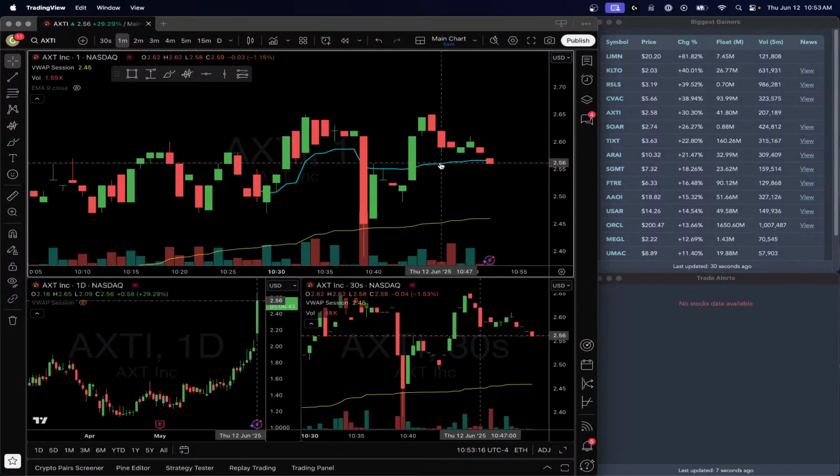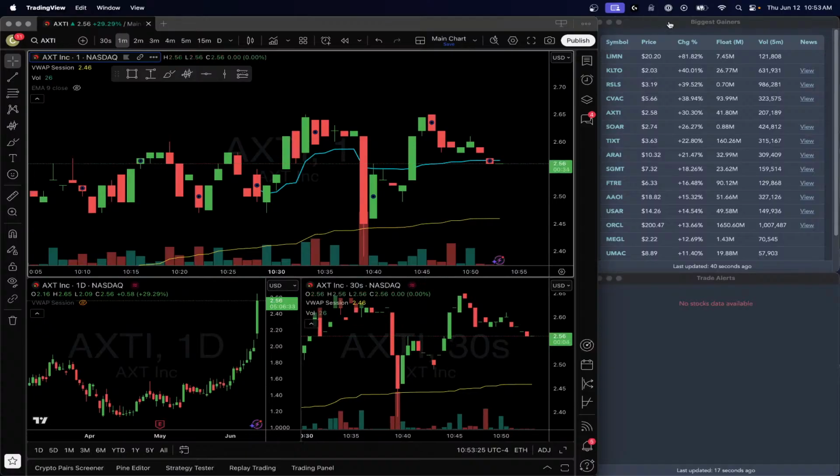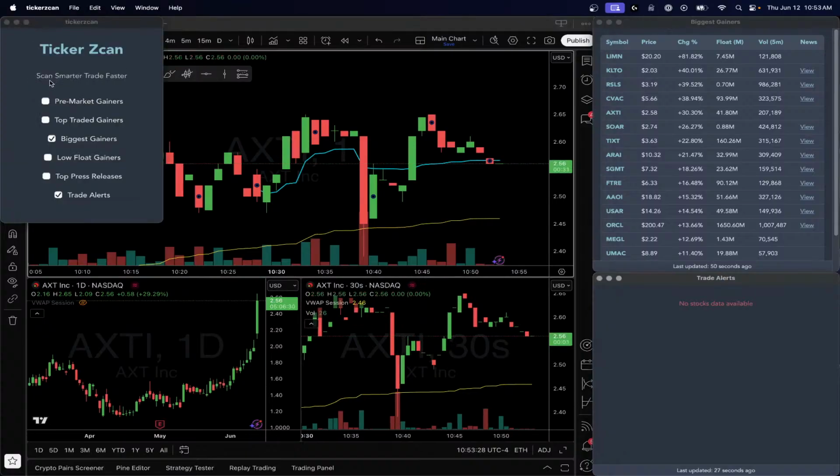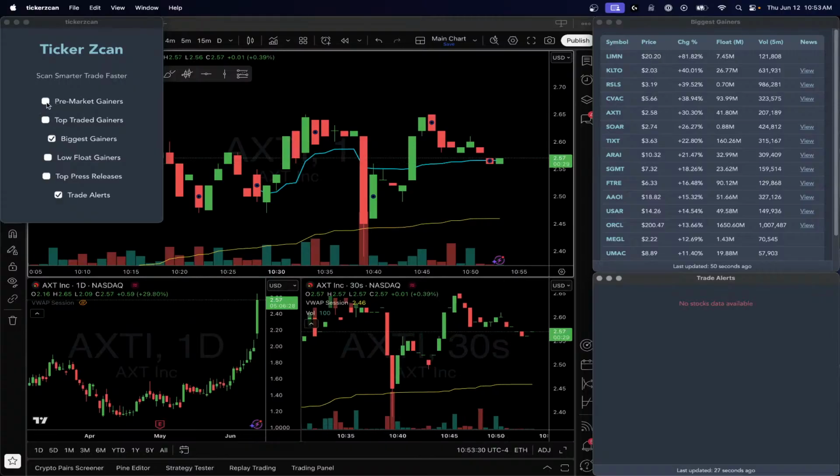It's coming back. So what you could do, I mean, this trade alert system goes off the biggest gainers. I'm going to add the other ones for this pullback. Pre-market gainers, I don't know if I'm going to have it there for that, because for the pre-market gainers, when I start streaming at 8 o'clock, I just kind of look at it. But the top traded gainers, I'm going to add the trade alert system for the micro pullback to that.